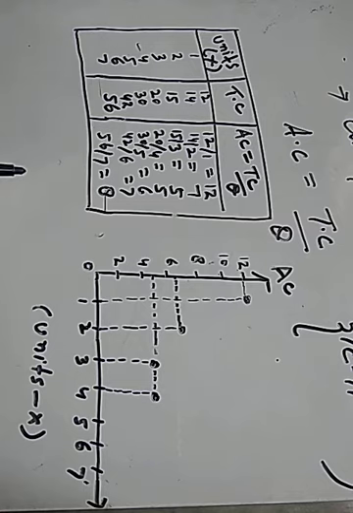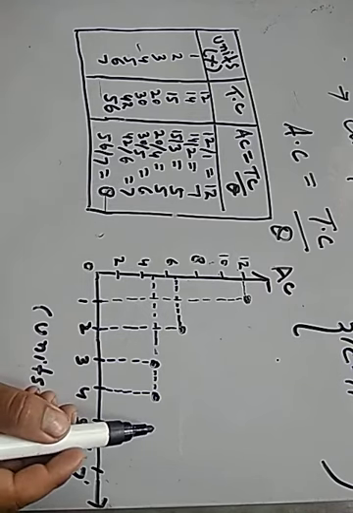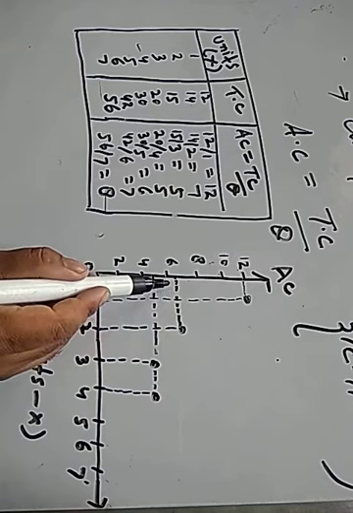4 units of commodity X produced, and when 5 units of commodity X is produced, the average cost is 6 rupees. It will be here.